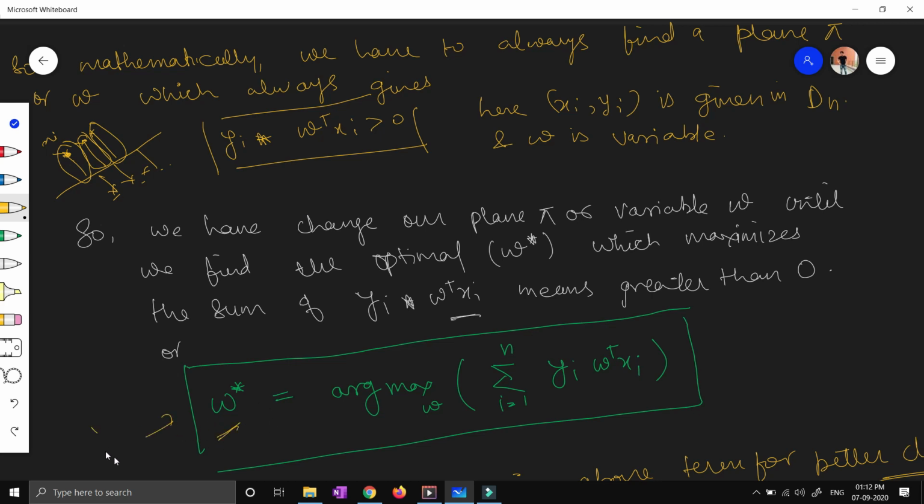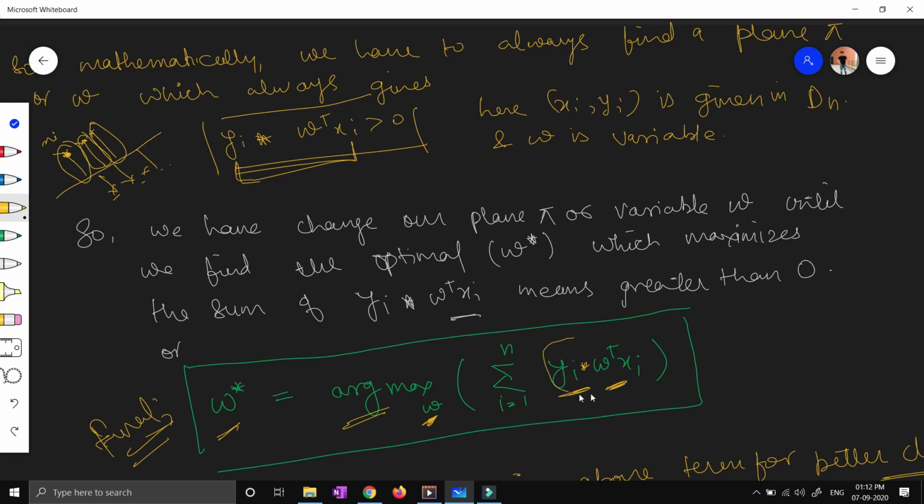This is my final w value, which always gives me the maximum, or greater than 0, value of this particular term. So you can see w star equals argmax over w. We have to change w again and again. Argmax means maximize the sum of yi into w transpose xi.